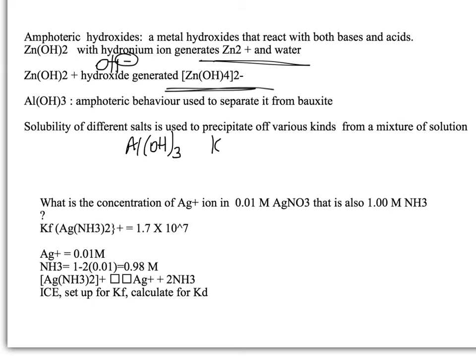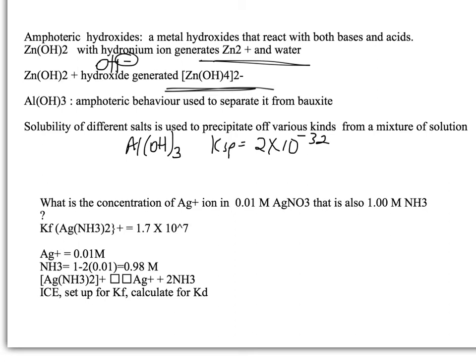It in fact has a Ksp of 2 times 10 to the power of negative 32. Oh my goodness, there are way too many zeros for me to write here. It's a very, very small number. That means if you put aluminum hydroxide in water, the vast majority of it is just going to settle as an undissolved solid, and not much is going to happen there.